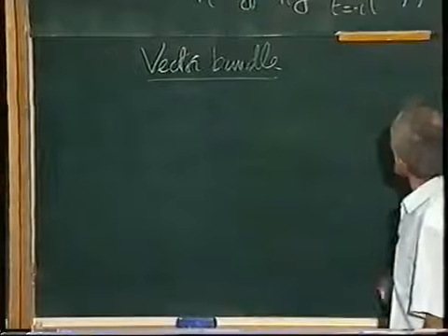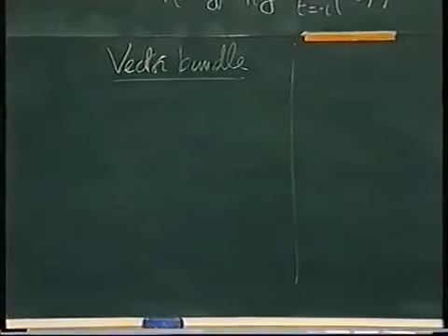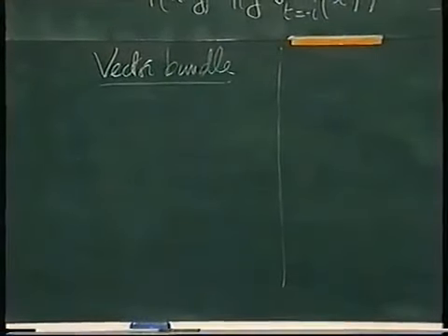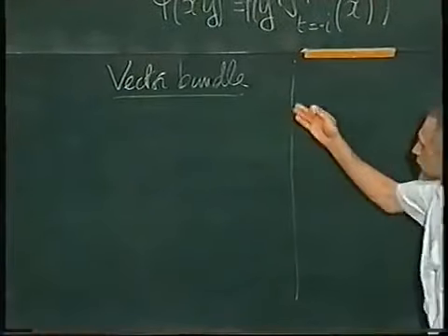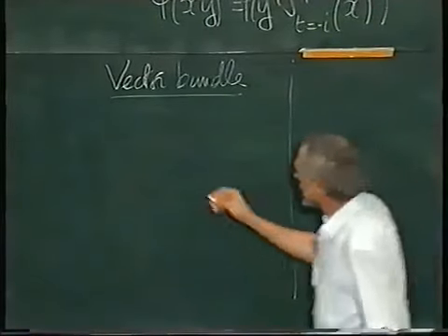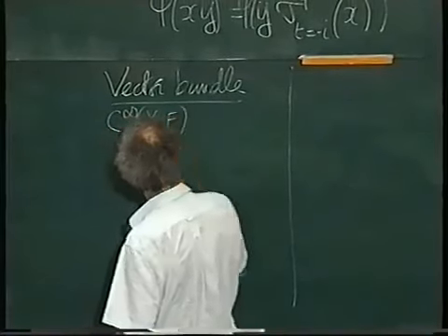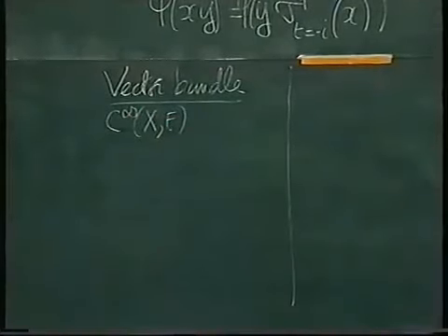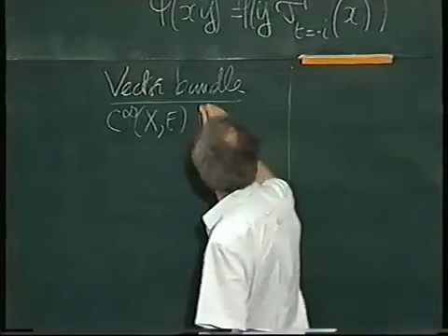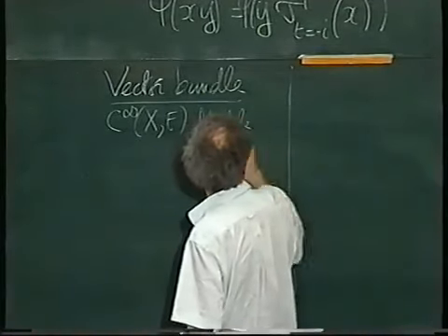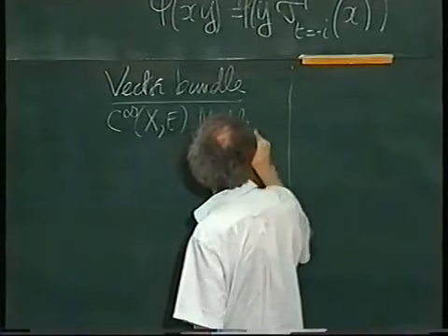The reason why vector bundles admit such an easy generalization is that algebraically, a vector bundle on a smooth manifold is easily described by the space of sections of this bundle, because this space of sections is obviously a module over the smooth functions.